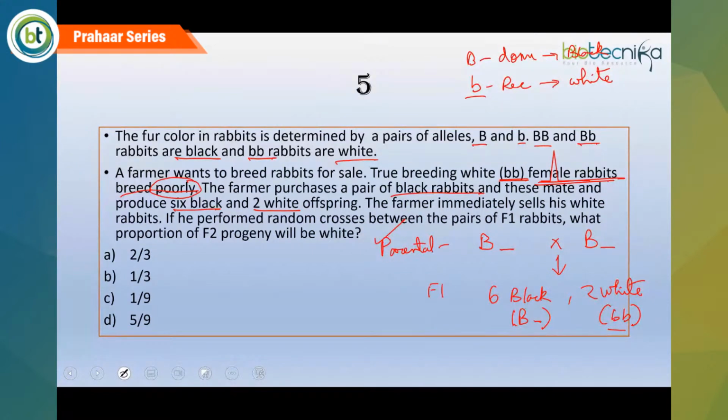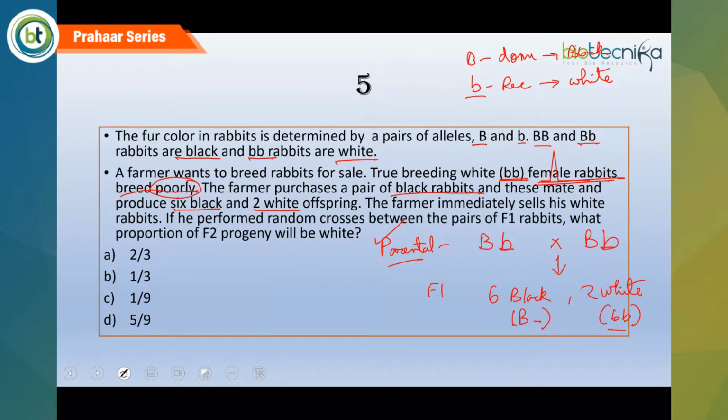The white rabbits have two small b alleles. So where did these 2 small b alleles come from? One from each parent. Right? That means if the parental rabbits are both black, the capital B allele of both is showing, but the other allele which is not showing is small b.